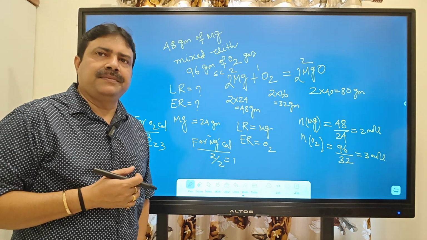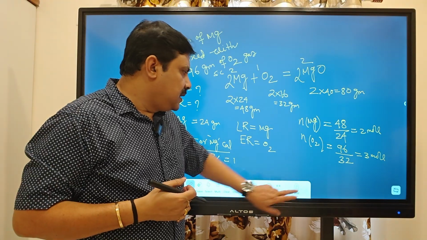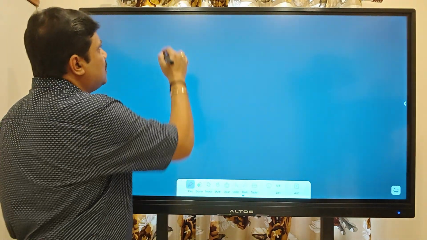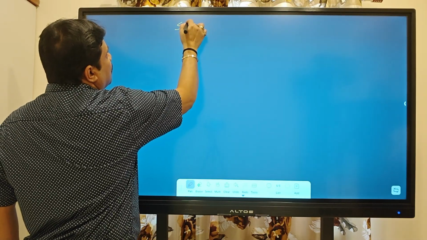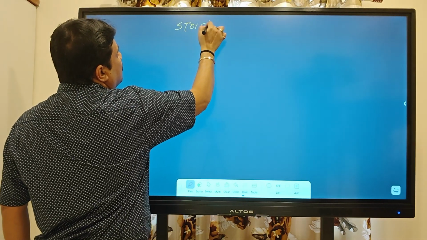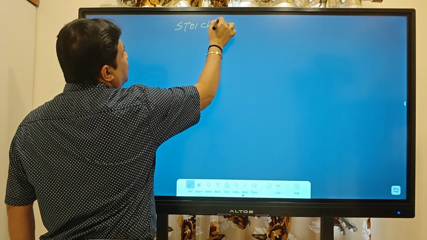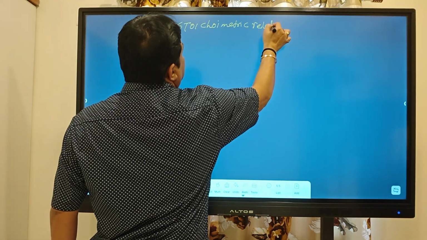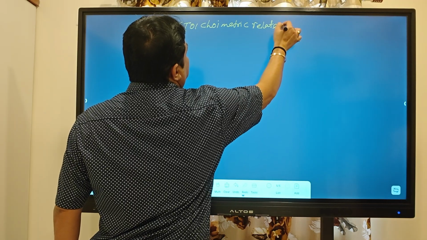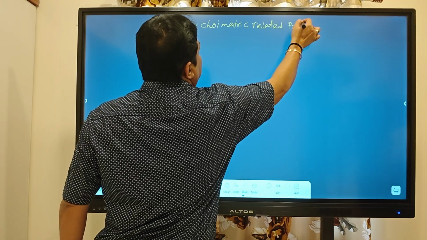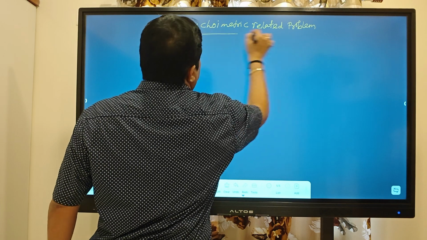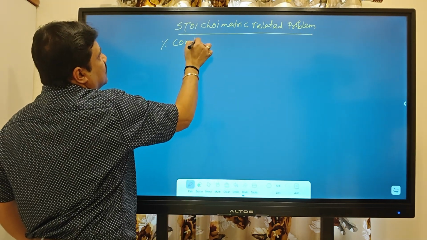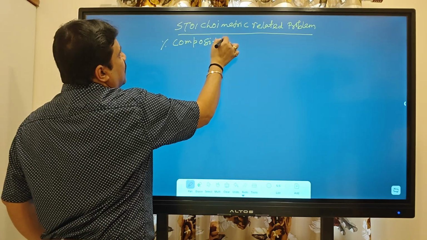So percentage composition is another stoichiometry related problem. In the stoichiometry related problems, there is a subcategory, the percentage composition problem.